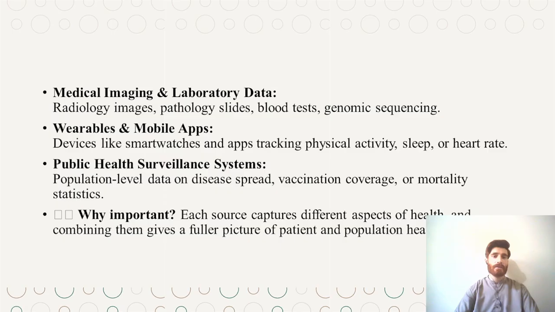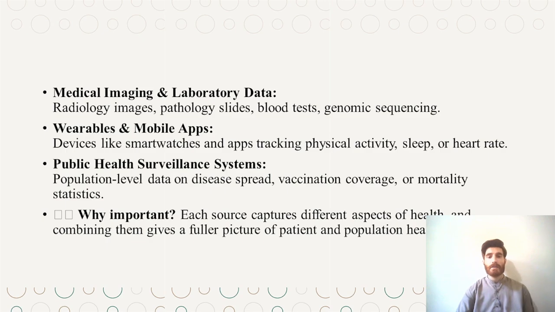Then there are wearables and mobile apps data, which can be collected through smartwatches and smartphones, like tracking physical activity, sleep, or heart rate, and public health surveillance system, which is population level data on disease spread, vaccination coverage, or mortality statistics.